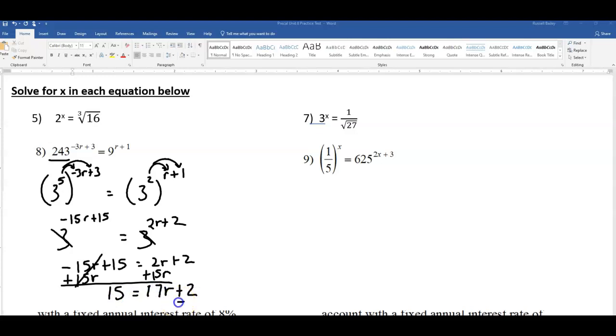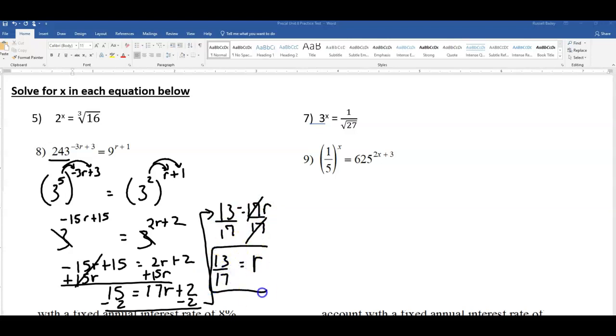And then I would minus 2 on both sides, which would give me 13 equals 17r. And then I would divide, and we should be good at that point. So r equals 13 over 17. Moving on to number 9.